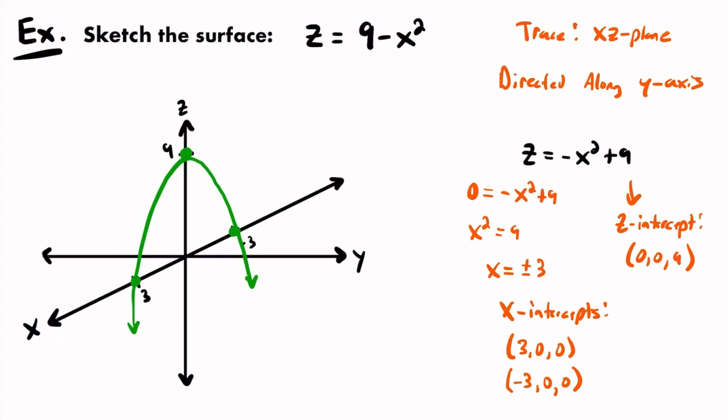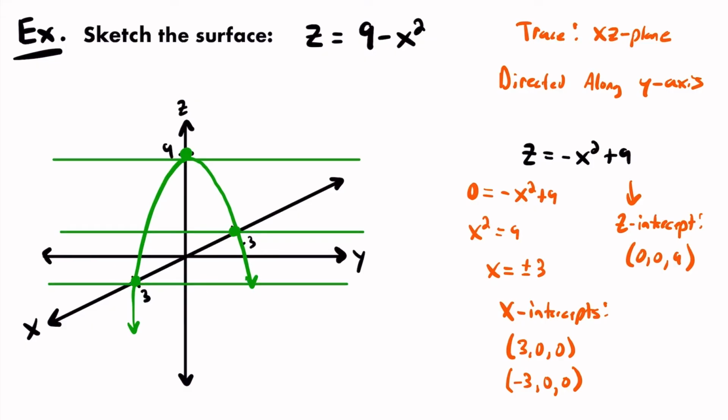All right, so let me draw a couple of these parallel lines. I'll draw one through the z-intercept, and then two more through the x-intercepts, just like this. And now what I'm going to do is draw two more traces of the parabola along those lines where it hits the same points, right? This curve is going to remain the same as it is projected along the y-axis.